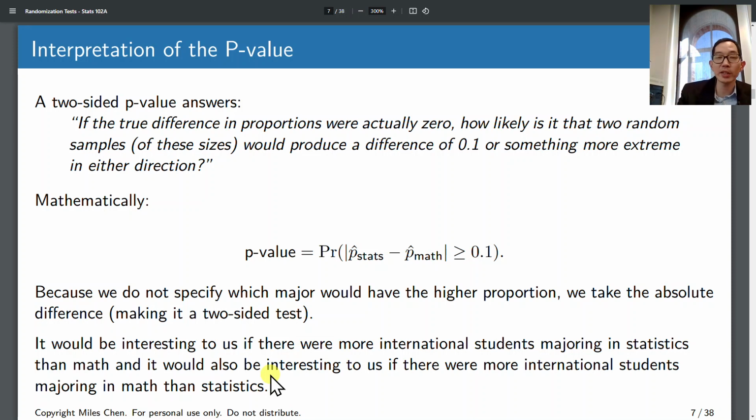So mathematically, what's the probability that when you take two random samples, the difference between them is greater than or equal to 10 percentage points, 0.1, okay? And I have it in absolute value because it's a two-sided test, so if p-stats is greater than p-math, that's interesting. If p-stats is less than p-math, it's also interesting. We're just looking for an absolute value difference of 10 percentage points or more.